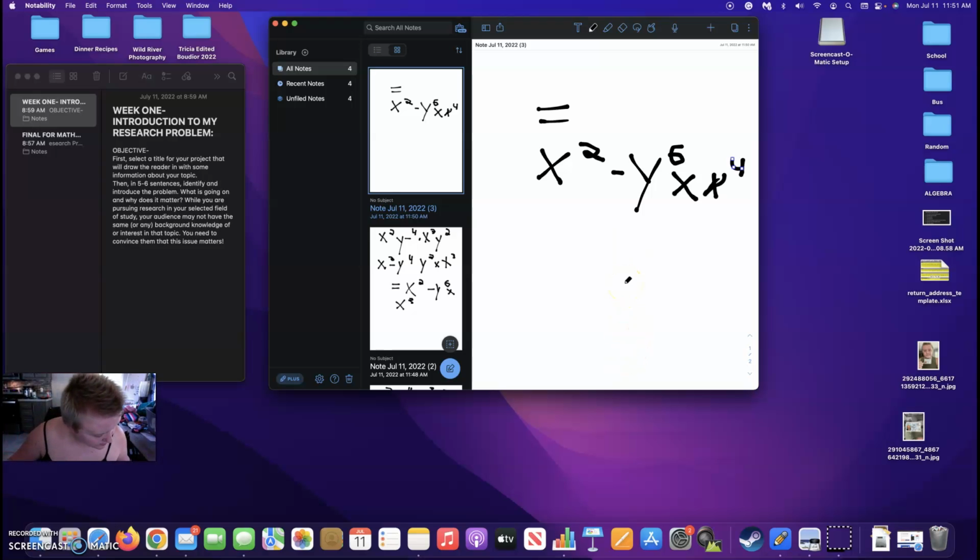Let's see. So another way that I did it, when I came up with kind of the same answer, I had 2y, and then in parentheses I put 1 minus 2 times x to the third, which would basically come out to the same thing, but it's actually more complicated.